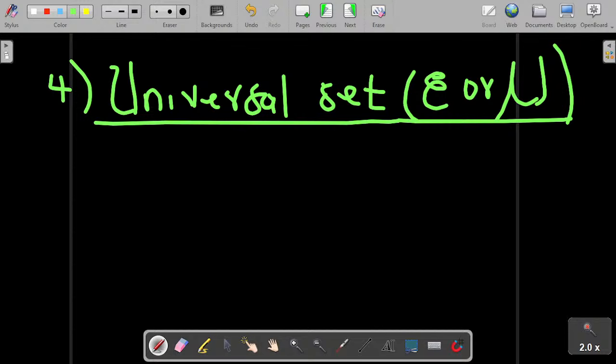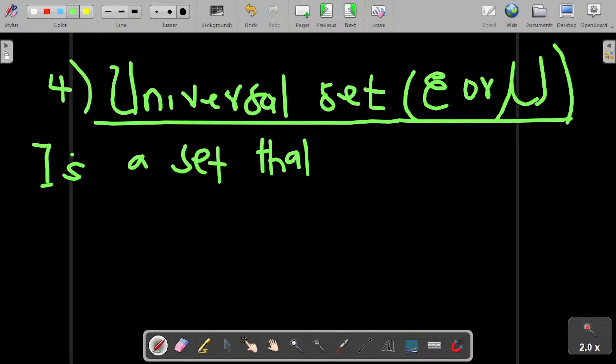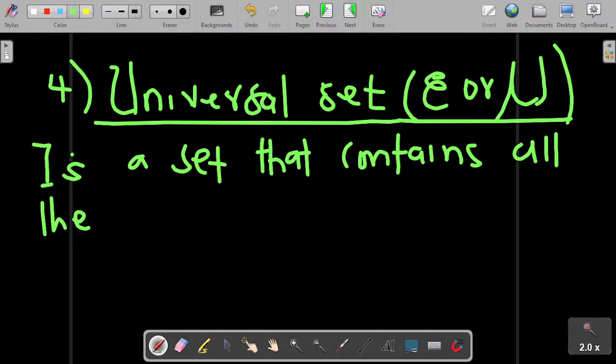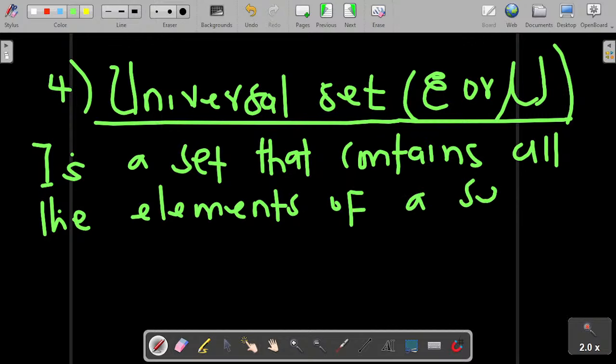So the universal set is a set that contains all the elements of a set.